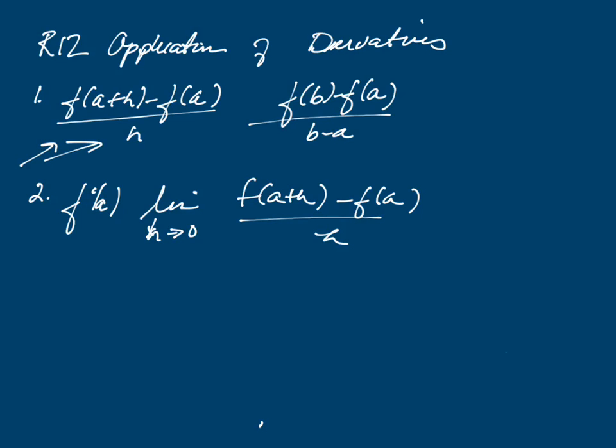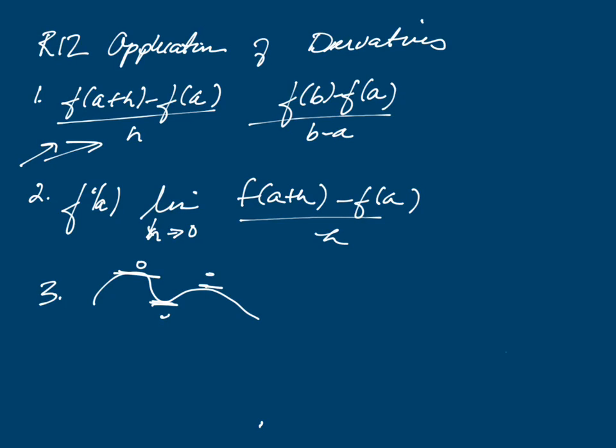Okay, and then remember the tangent to a curve. You just know that the derivative is 0 at places where the tangent is horizontal.